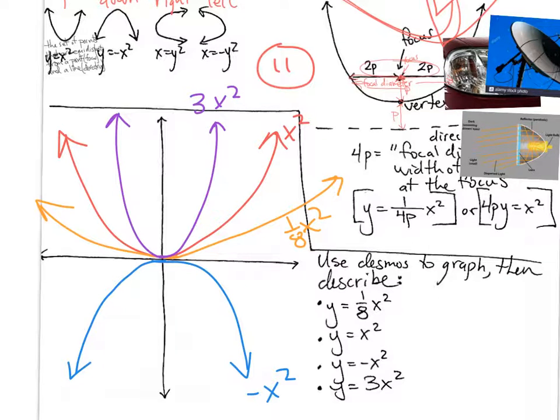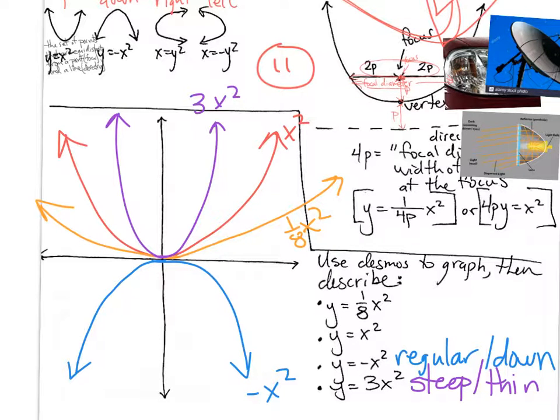Alright, and so it asks us to describe. I would say something like this is very steep or thin. For the blue graph, this is a regular shaped parabola, but it points downward, or opens downward. In red, we have the regular parabola that opens or points upward.